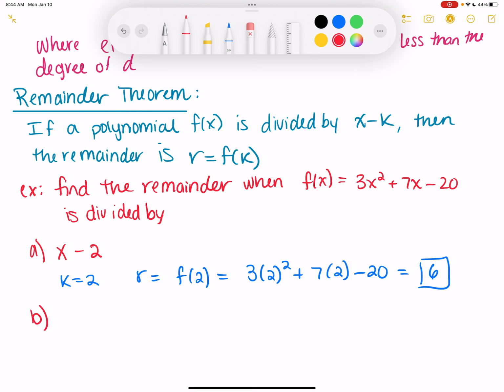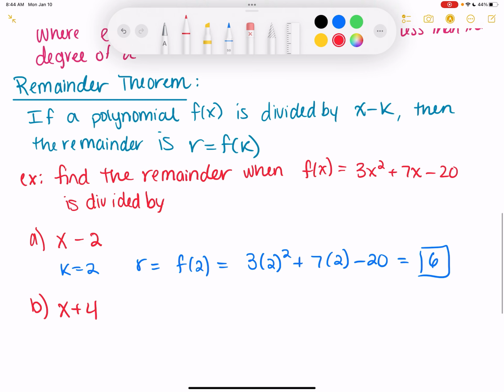Let's look at another one. So if we had instead x plus 4 for the same problem, okay, remember the formula is x minus k, so since this is positive, that means the k value is going to be negative, so k is equal to negative 4. So r is equal to f of negative 4.